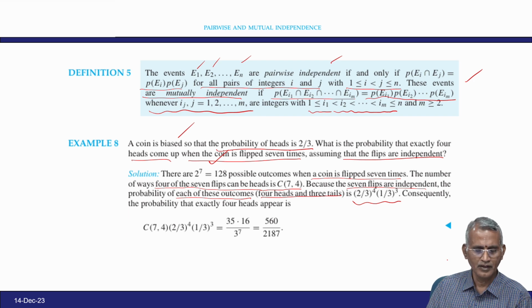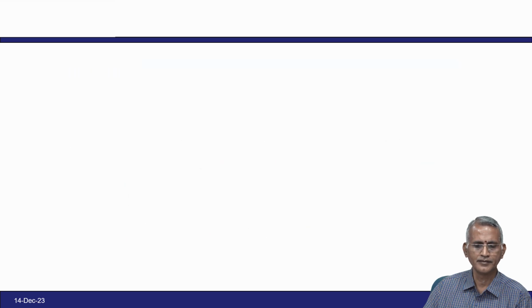Consequently, 7C4 into 2 by 3 whole power 4 into 1 by 3 whole cube is equal to 35 into 16 by 3 power 7, equal to 560 by 2187. So, this way we can do for pairwise and mutual independence.